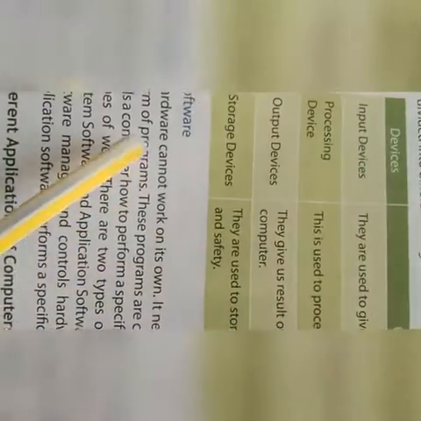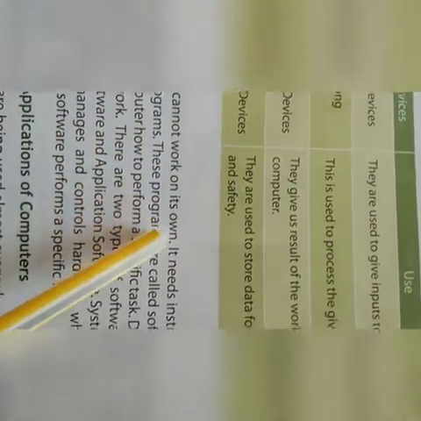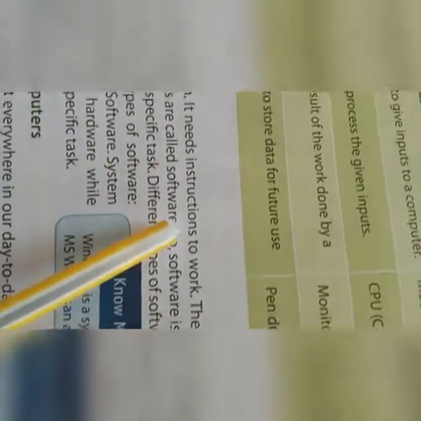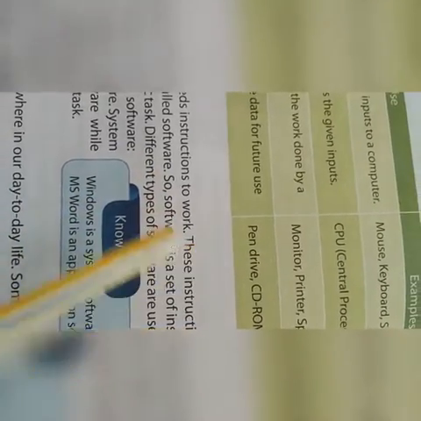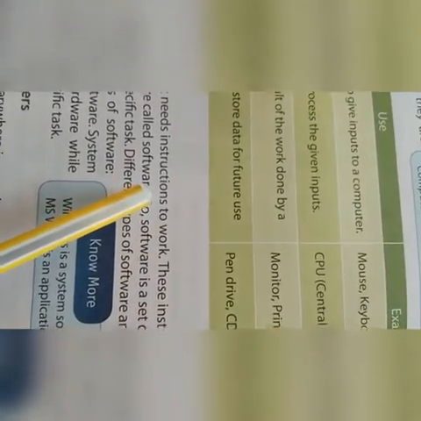Now software. From the word, soft means you can't touch it, it is so soft. According to computer language, software means hardware cannot work on its own, it needs instructions to work. Without software a computer can't do any work, the keyboard and mouse can do nothing, so software is also needed.